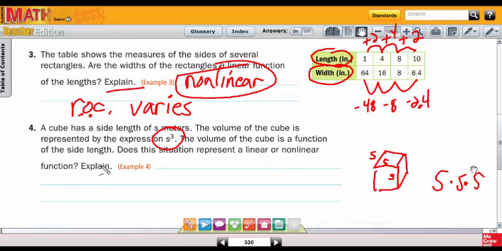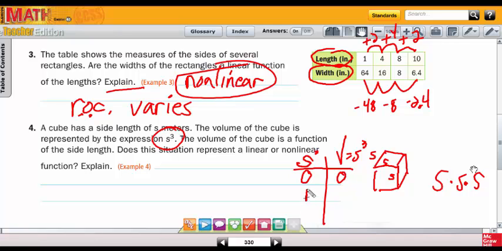Explain. So the easiest way to do this is to set up a function table. We'll do it right here. We have an input of s and an output of volume. So we're going to have s cubed, for the volume is going to be s cubed. So if we input a side of 0, of course we're going to have a volume of 0.